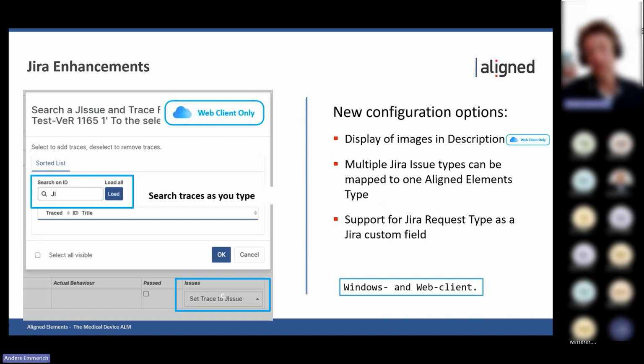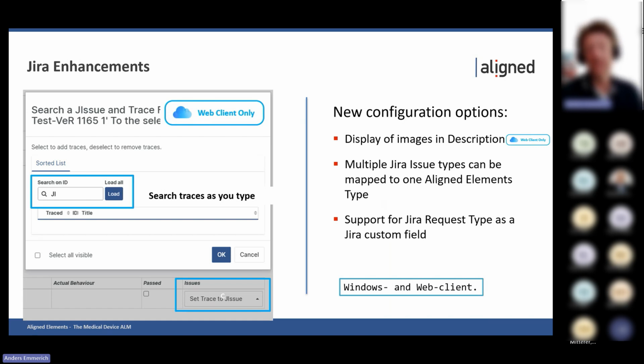Something that's common to both Windows and web, though, is that we can now introduce multiple Jira issue types. This only applies to Jira. Before, you would have to have one aligned elements type per Jira issue type, and now we can map them all into one type.